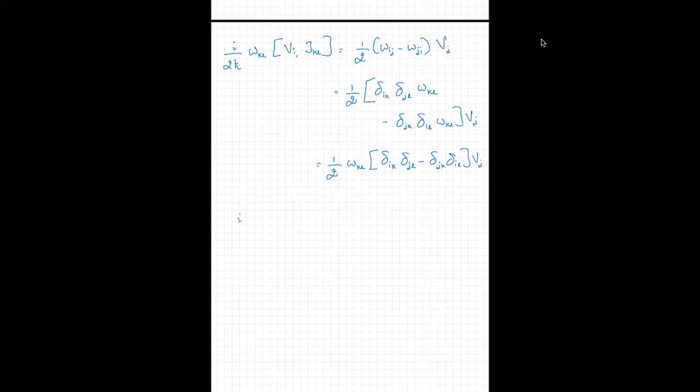So I have i over h bar times the commutator of VI and JKL equals delta IK delta JL times VJ minus delta JK delta IL times VJ, which is equal to delta IK delta JL times VJ, which is nothing but VL, minus delta JK times VJ, which is nothing but VK. So I can write this as delta IL.